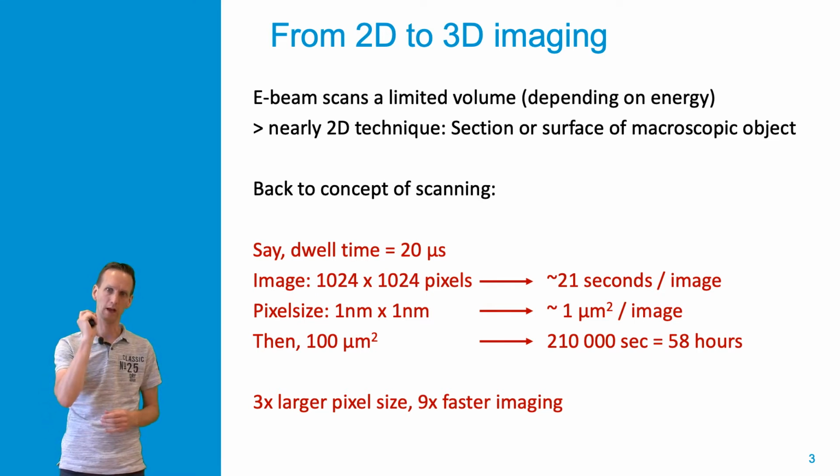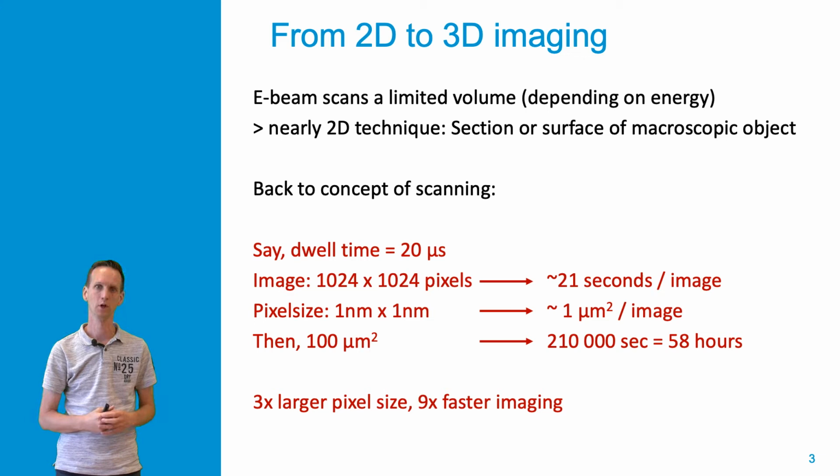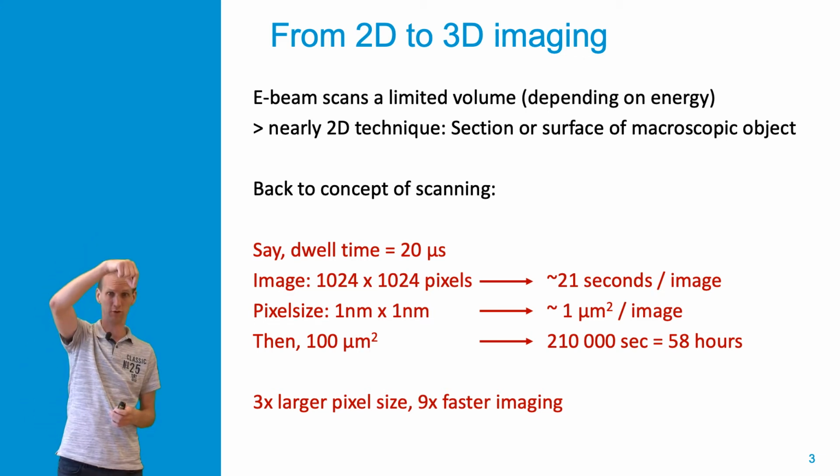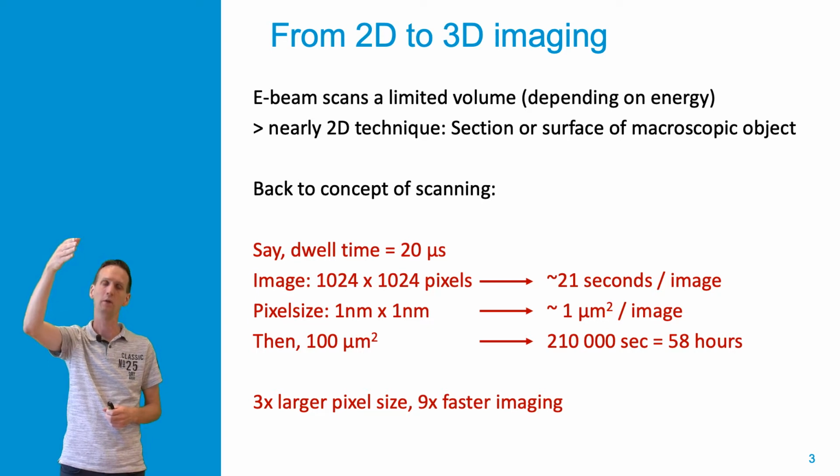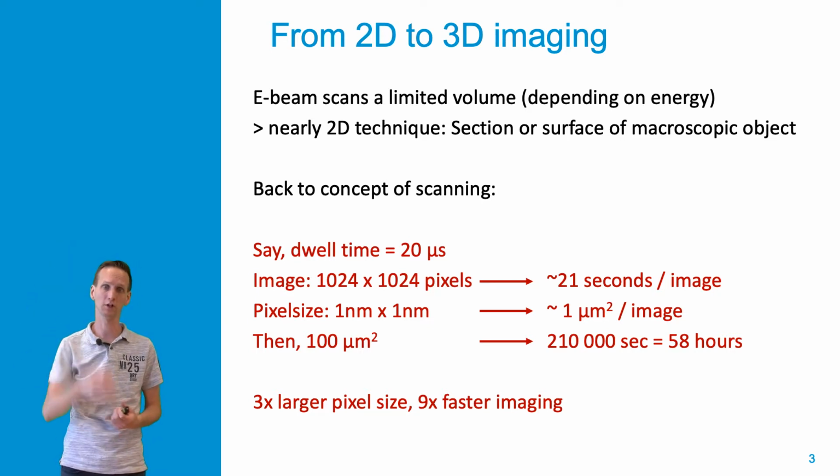Let's first look at how this image generation goes. So we look back at the concept of scanning. Scanning means we position our electron beam at one position on the sample, we generate a signal, and when we have collected a sufficient amount of signal, we go to the next position. The time spent at one individual pixel is what we call the dwell time.